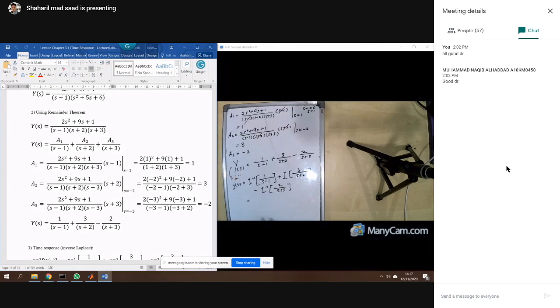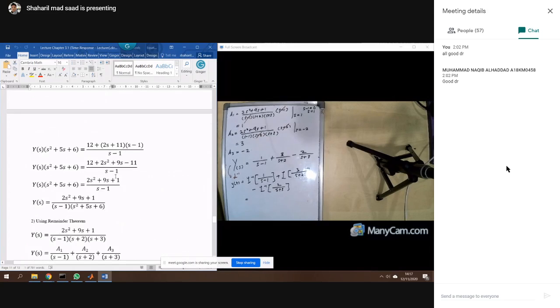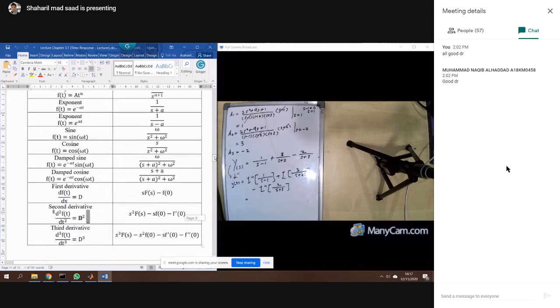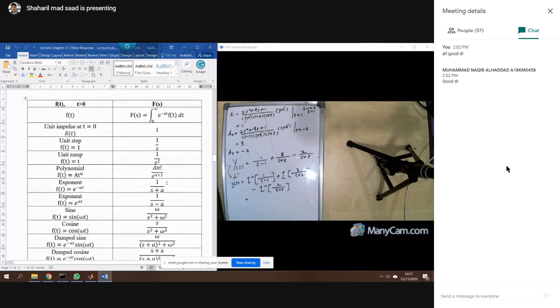So when you look at the table, s minus a, then you get e to the power t, right? e to the power t, plus 3e to the power minus 2t, and then minus 2e to the power minus 3t. Okay, so this is the final one.